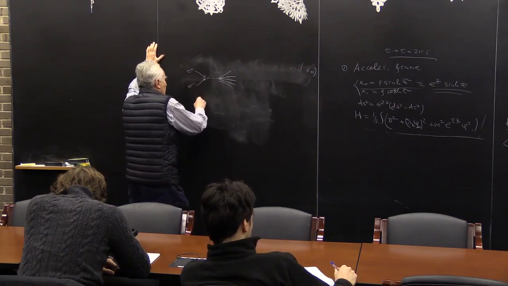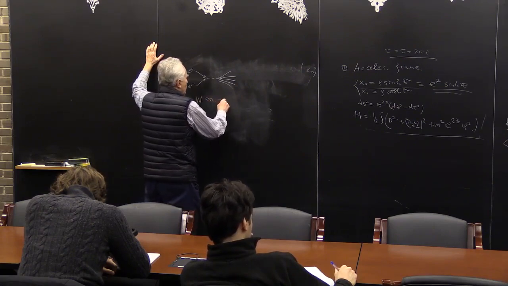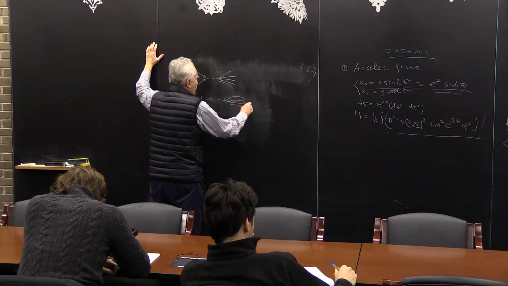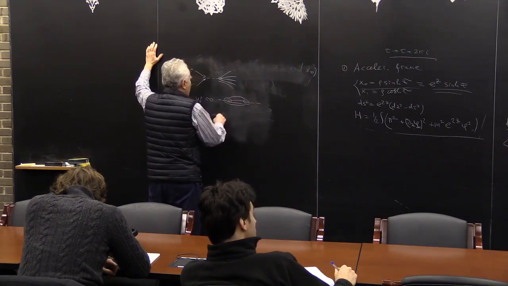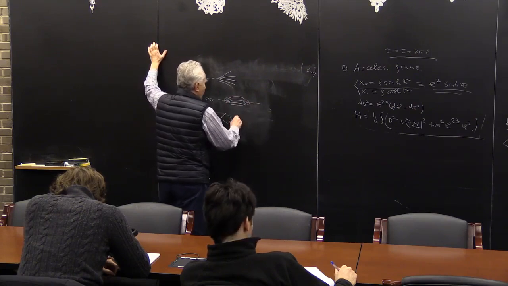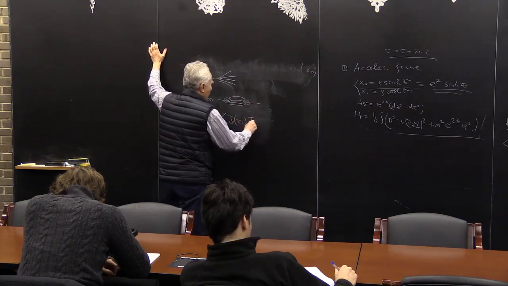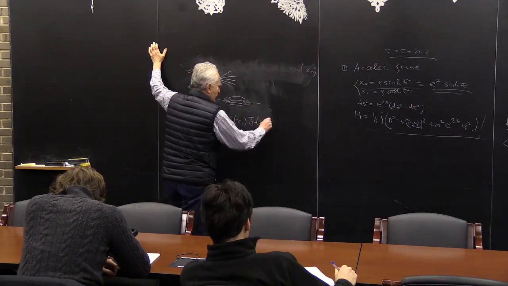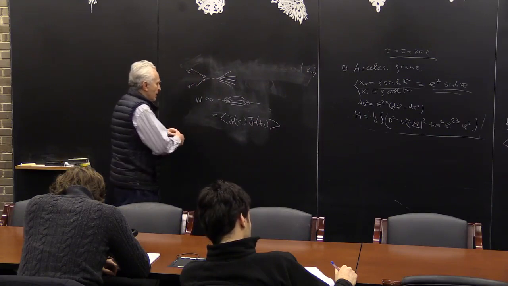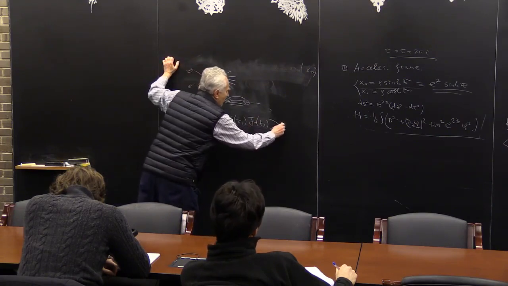And the total probability will be proportional to, and this is just the Fourier transform of the product of two currents. I'm going quickly and schematically here.